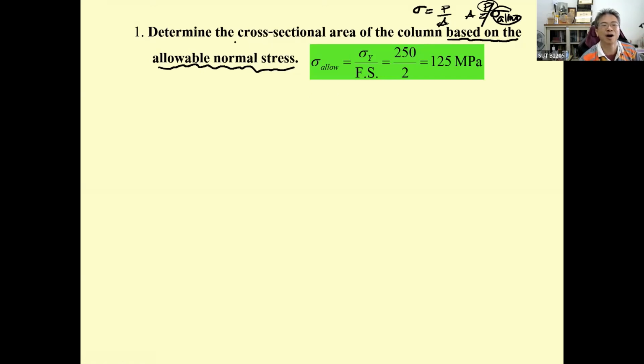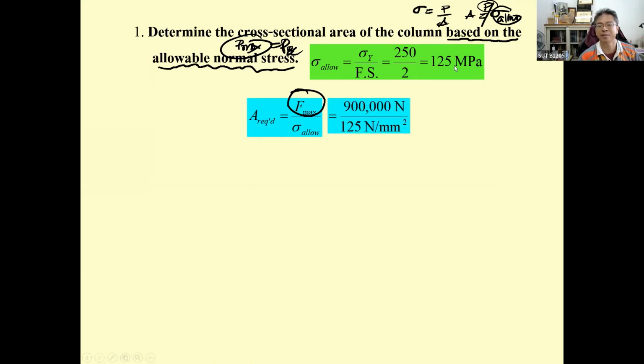So we have to use the P maximum. The P maximum is going to be P sub BC. So we use the P sub BC as the maximum force and divided by 125 megapascal.